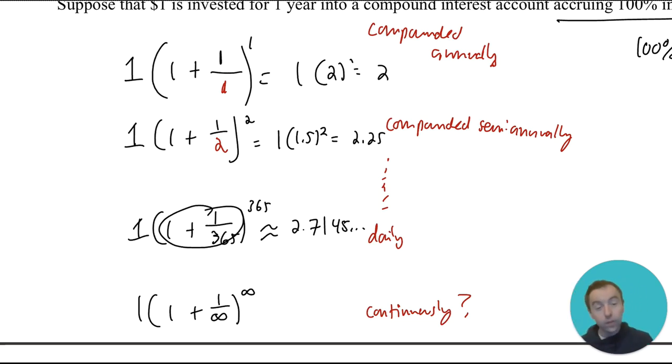Okay, you can't really plug in infinity because it's not a number, but that's the idea of it. Would that be able to equal anything? And the answer is yes, okay? And you don't actually get an infinite amount of money. It comes out to be about 2.718 and then has decimals that go on forever.